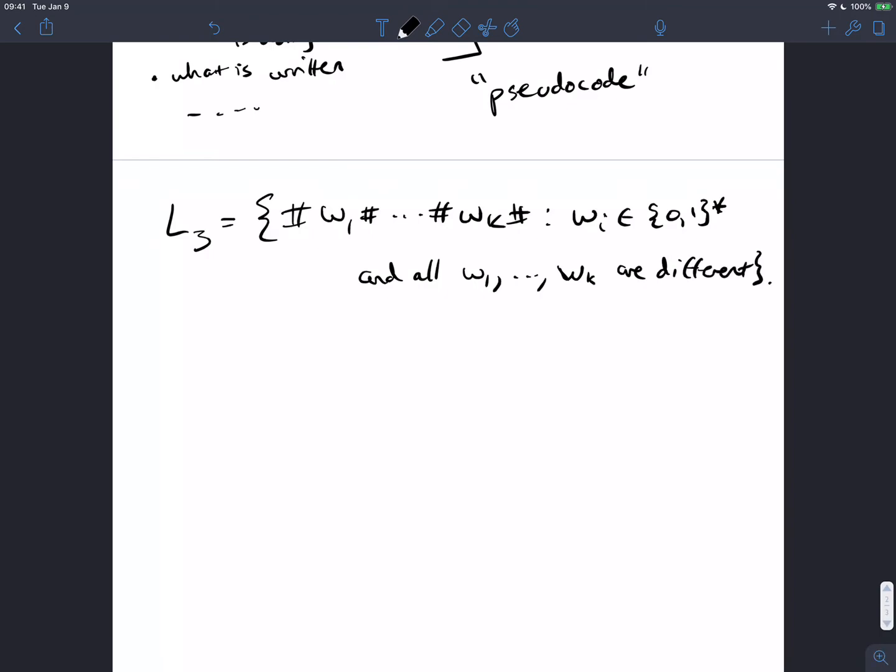I wrote it formally in the PDF, but this is essentially what it is. If you have two different indices, they must be different strings. So if I look at W1 and WK, those can't be the same. If I look at W4 and W6, those are different strings too. Every pair of strings is different. Okay?